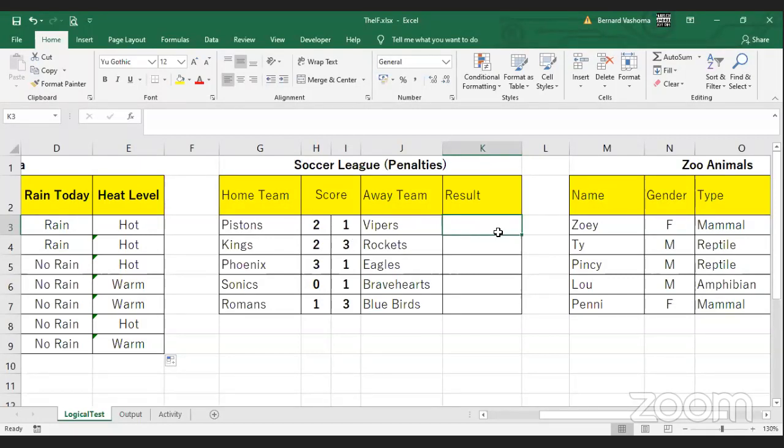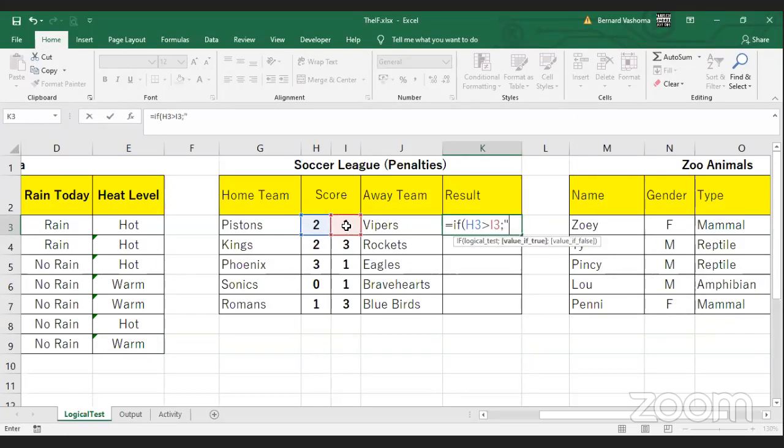So we're going to go equals IF, open bracket, if the score for the home team is greater than the score for the away team, then we should have home win. Like that.